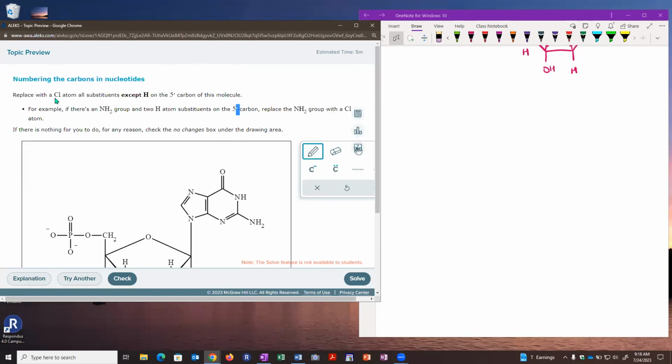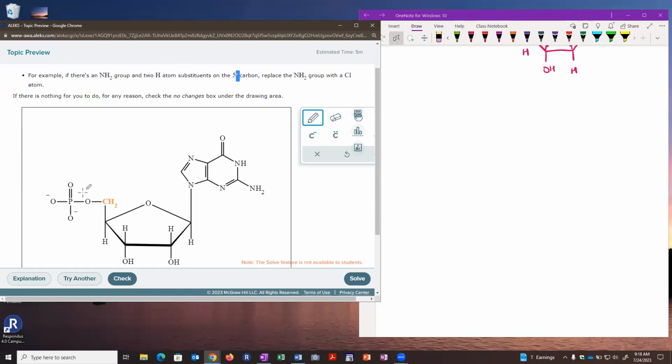It says to replace with a chlorine atom all the substituents except hydrogen on the 5' carbon. So there's my 5', I have two H's attached to it, and I have this phosphate group attached. I'm going to replace the phosphate because those aren't H's. I'm going to erase those. And I'm going to replace it with a Cl.